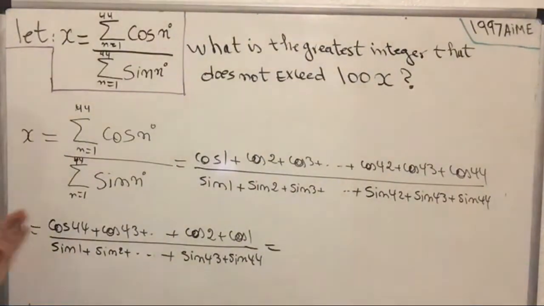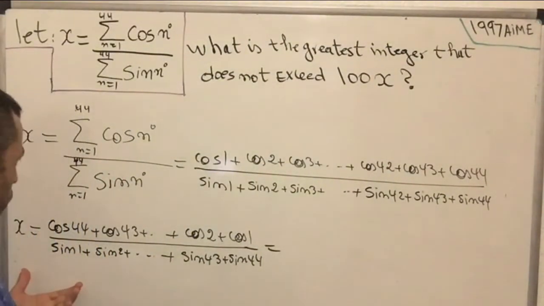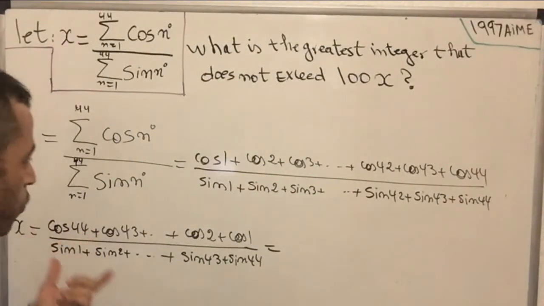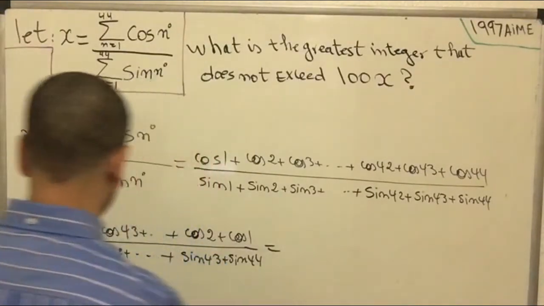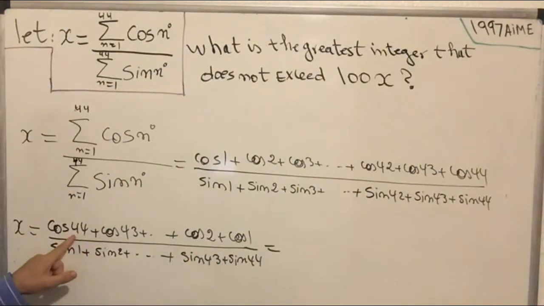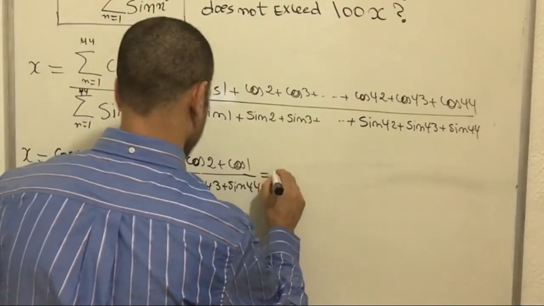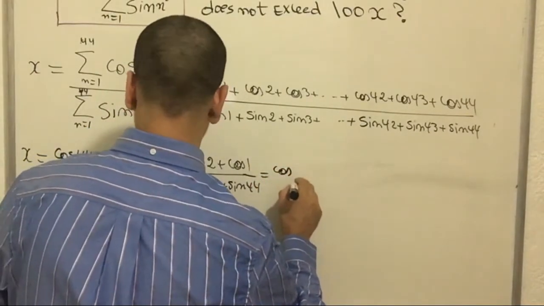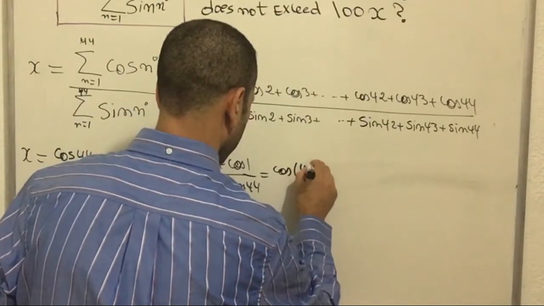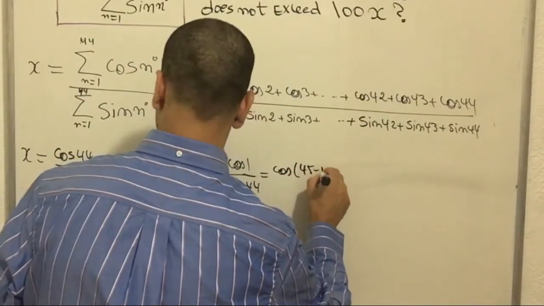Now, I can write cosine 44 in another form: cosine 44 is cosine of 45 minus 1.